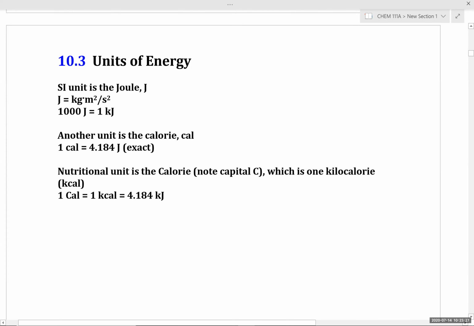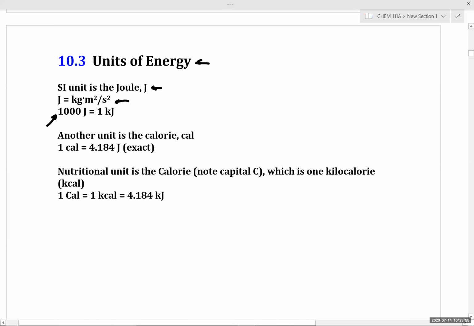For now, let's just introduce the next set of units that we're going to use in this chapter, which are units of energy. So the SI unit is the joule, which has units of kilogram meter squared per second squared. Another key conversion that you'll need to know is that 1,000 joules are equal to 1 kilojoule.